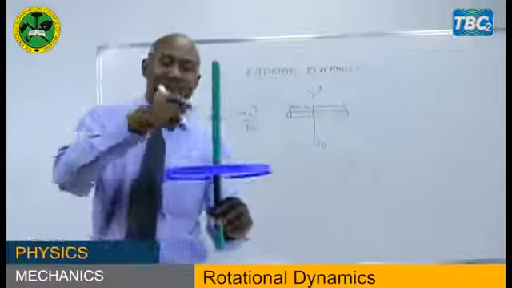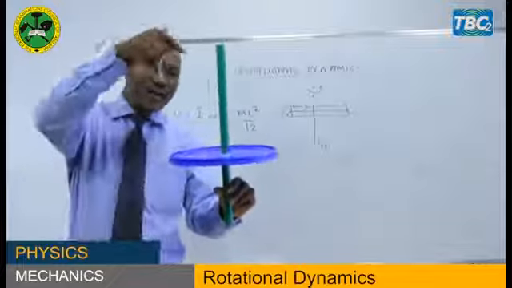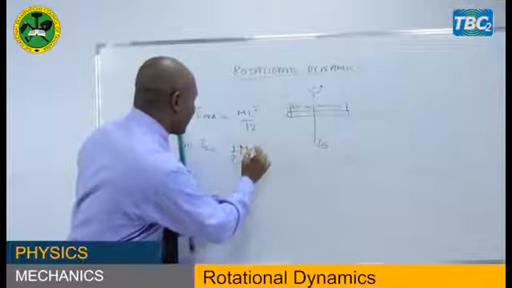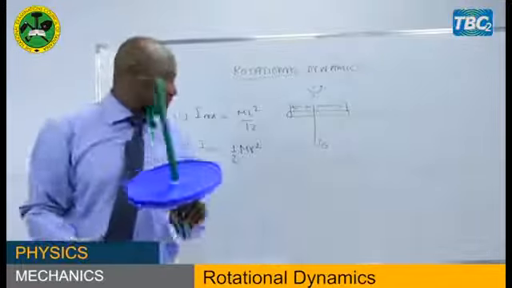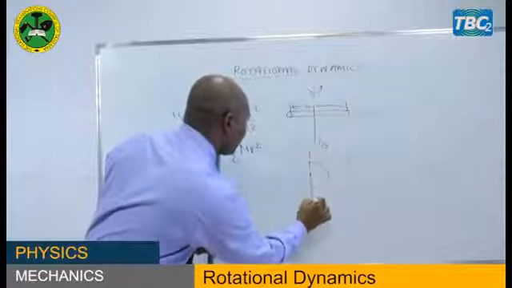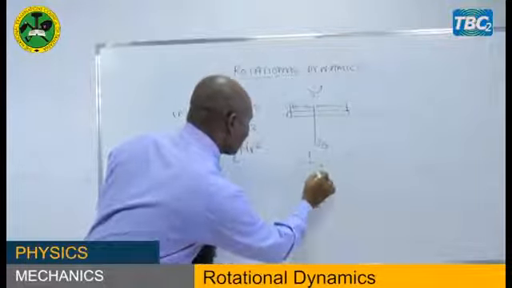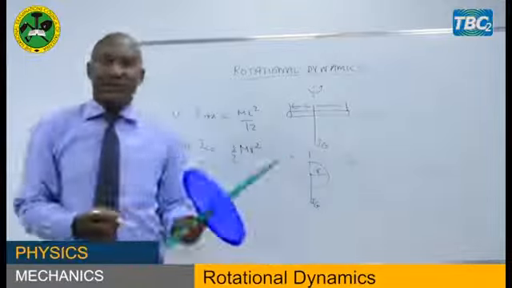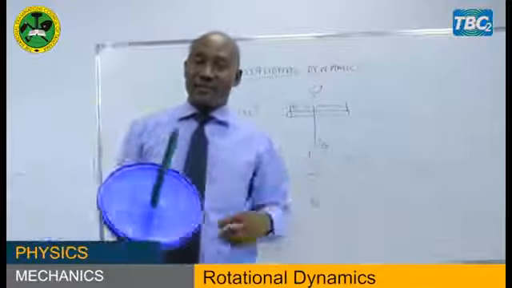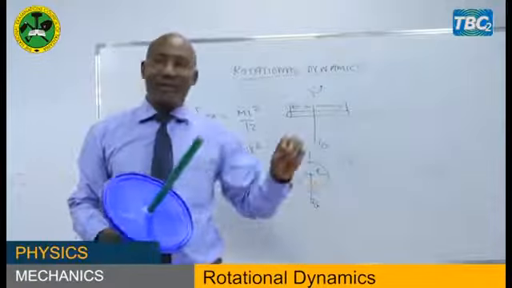The formula for a disk about the center of mass is given by one half m r squared, where r is the radius. This is the formula you did previously, when you discussed the introduction of the moment of inertia.